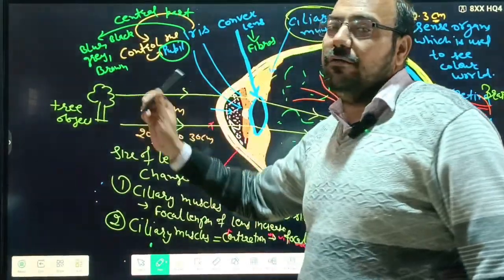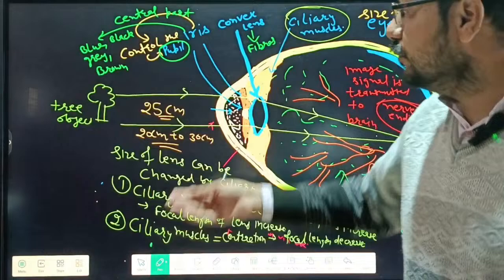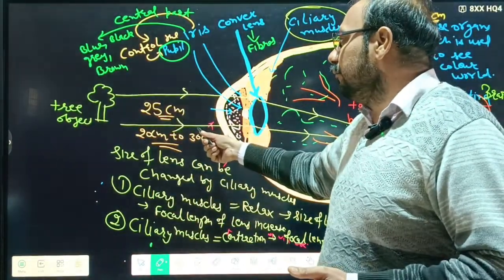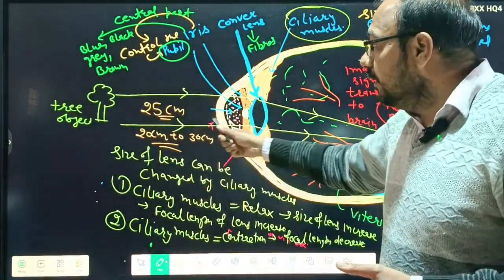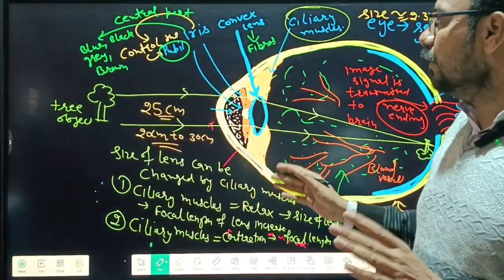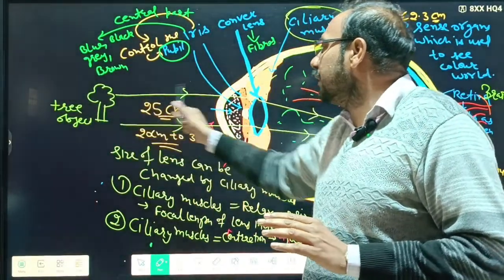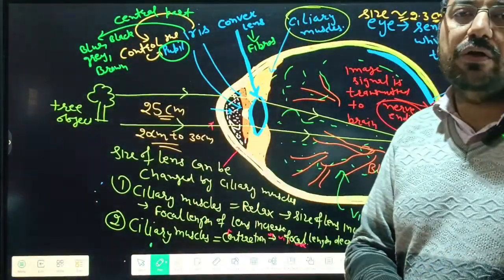It is 25 centimeter. If you decrease the distance from 25 centimeter, what happens? We see that the object appears blurred. We are not able to look at the object if the distance between the object and the eye is less than 25 centimeter.